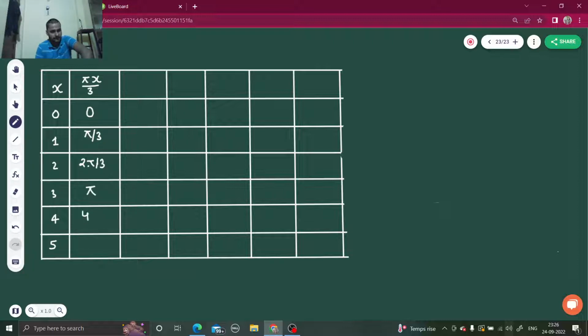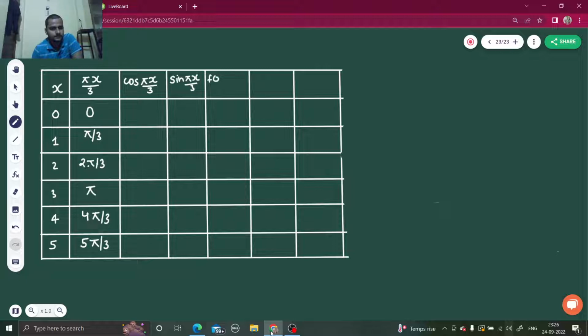x equals 4, x equals 5. Then we'll have cos pi x by 3, then sine pi x by 3, then fx. What else was there? fx sine and fx cos.